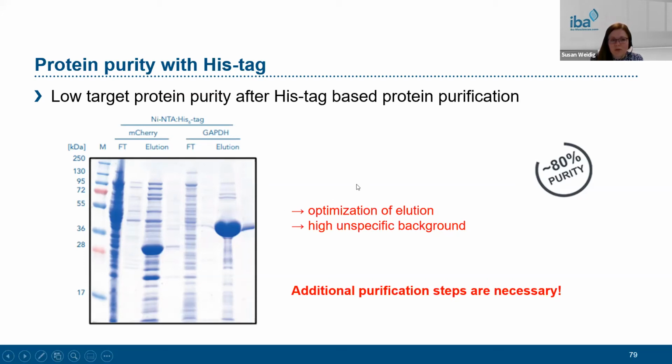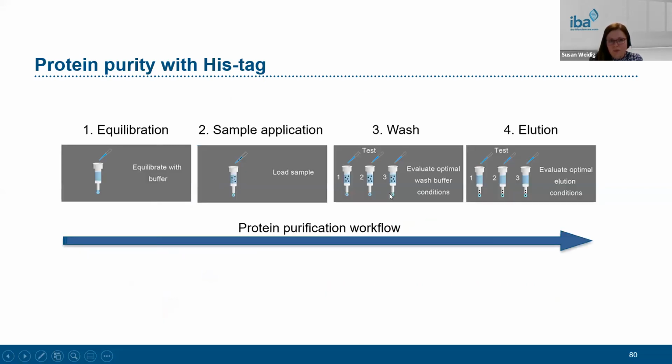So you have to optimize the his tag based protein purification to reduce this high unspecific background. Further purification steps are necessary to increase the purity.